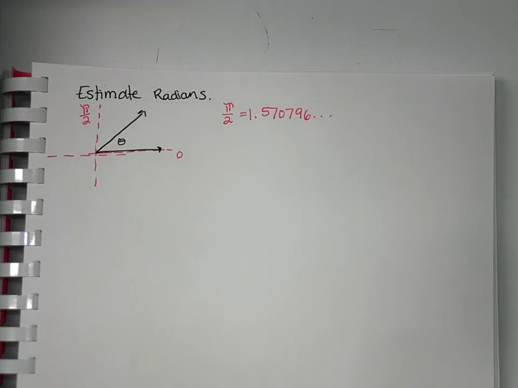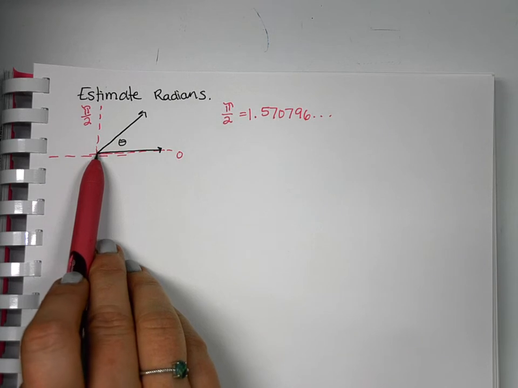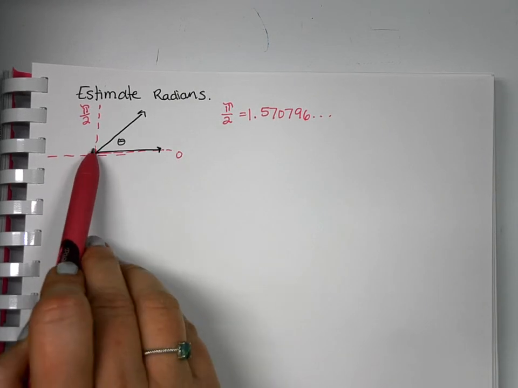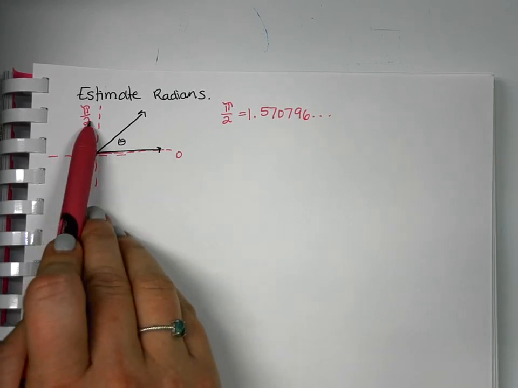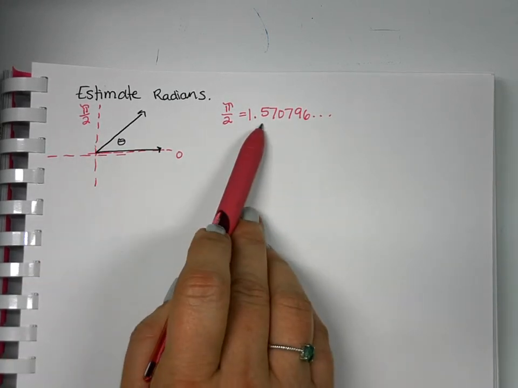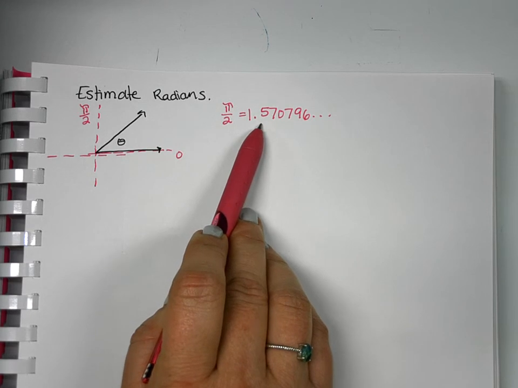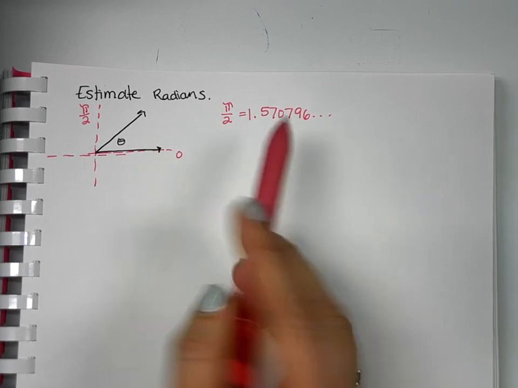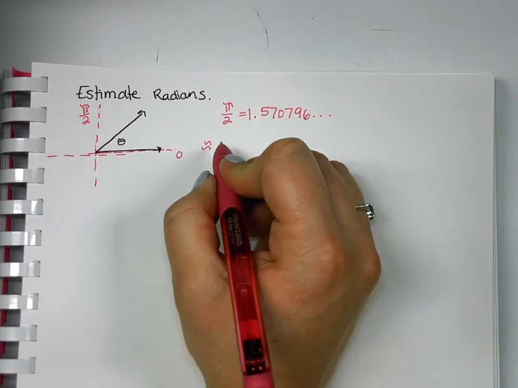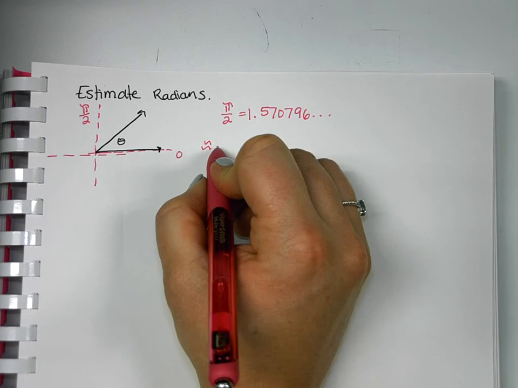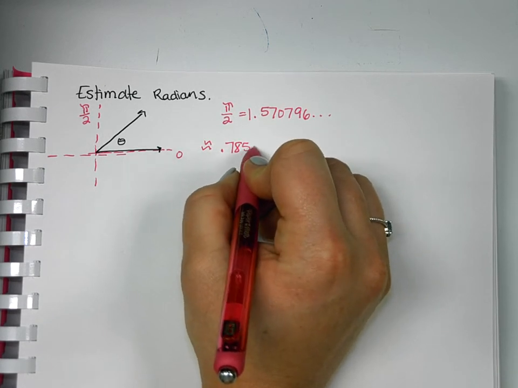So when I look at how my angle is situated, to me it looks like I'm about halfway between 0 and pi over 2. So then I could take this number and figure out what's about halfway between 0 and pi over 2. I could say this is approximately 0.785 radians.